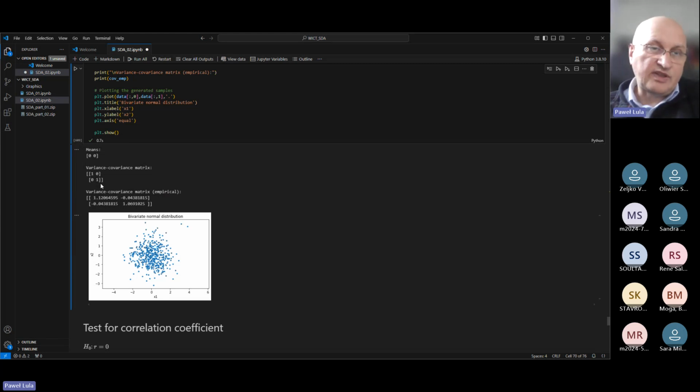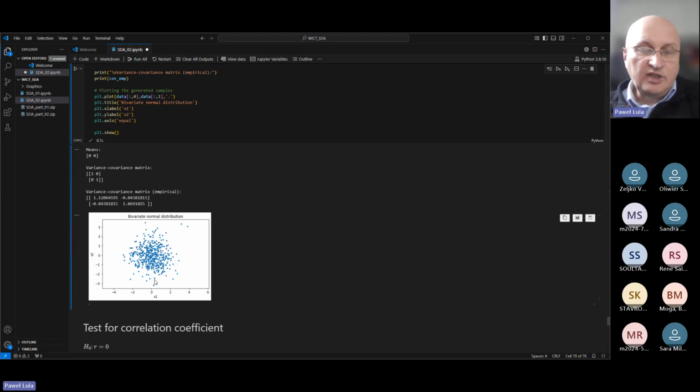Standard deviation is the square root of variance. The standard deviation for the x variable is the square root of 1, which is 1, and for y it is also 1.